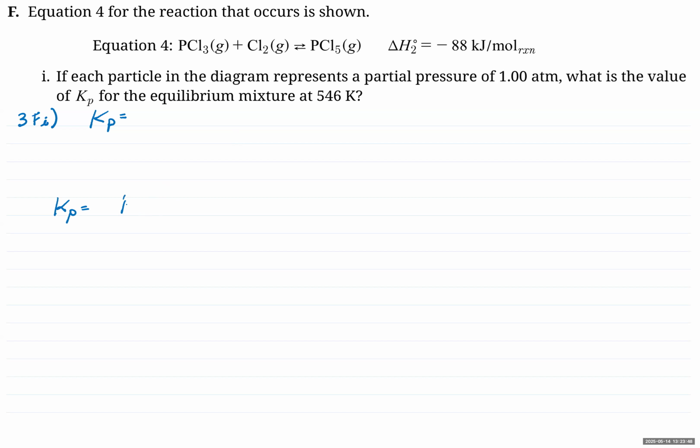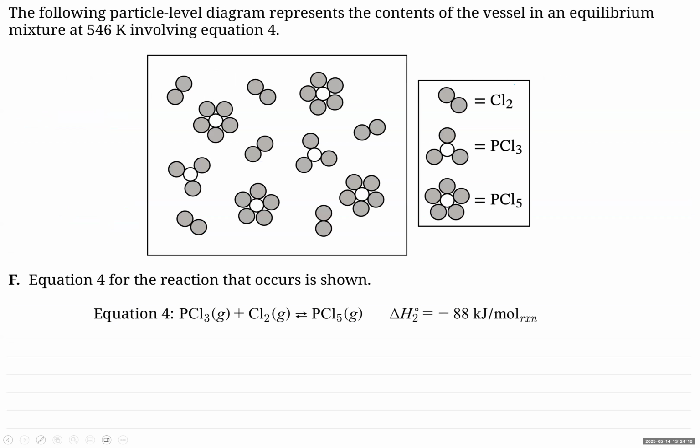So it's going to be the partial pressure of PCl5 all over the partial pressure of PCl3 times the partial pressure of chlorine. We don't have these values. That's what we're supposed to look for. But they said it's 1 ATM per particle, so let's go back and gather that data from our particle diagram.